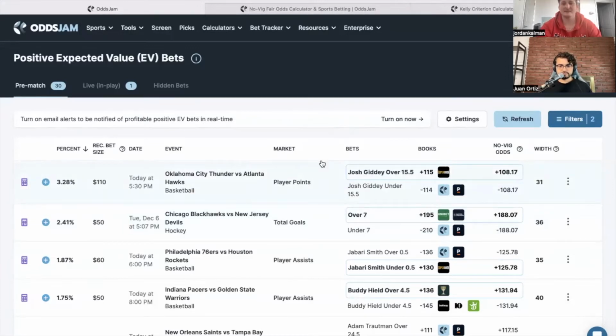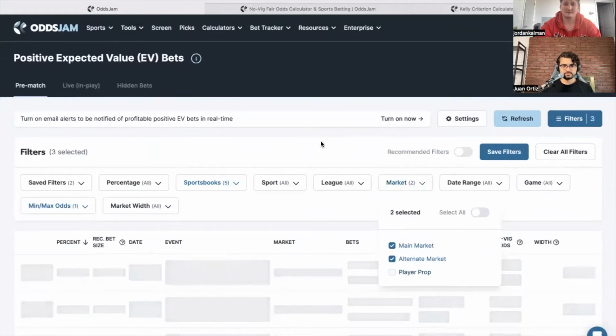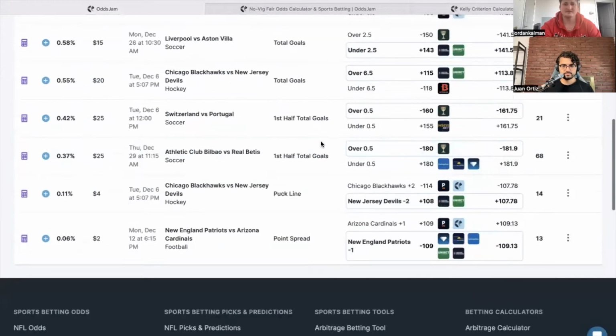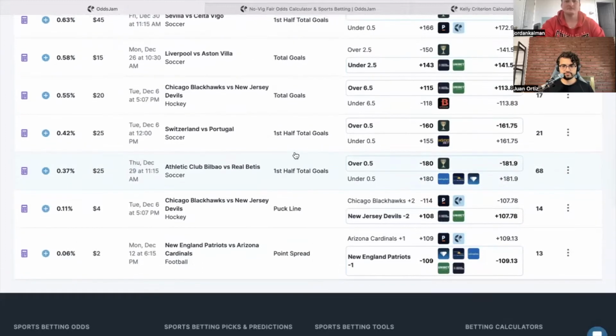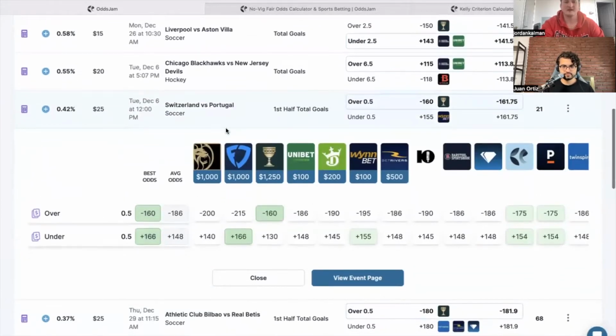Like I've talked about in the past, when it comes to main market, you're really looking for trends, most importantly. So if we filter it out so we're only getting main market, you can see there really isn't that much, but you're still looking for trends. This would be a great example of one. Switzerland versus Portugal, over half a goal in the first half.